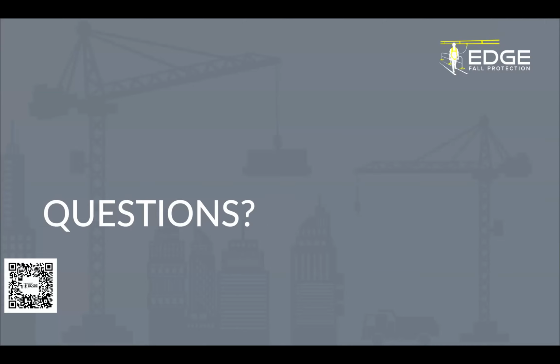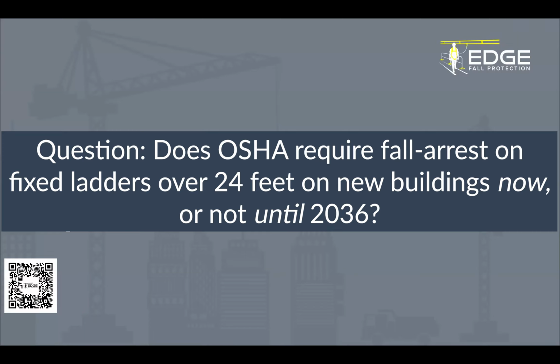Yeah, let me read through some of these here. Question about ladders again here. Does OSHA require fall arrest on fixed ladders over 24 feet on new buildings now or not until 2036? Yeah, that's a good question. Any new ladders, any new construction, should have a personal fall arrest system on any ladder over 24 feet.